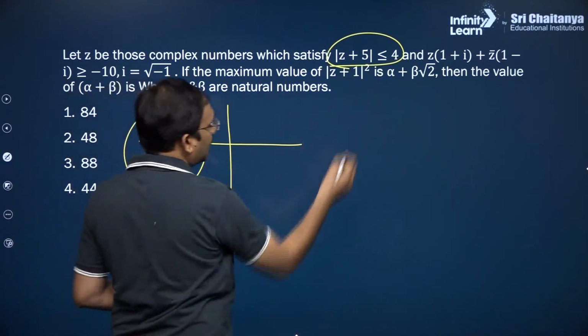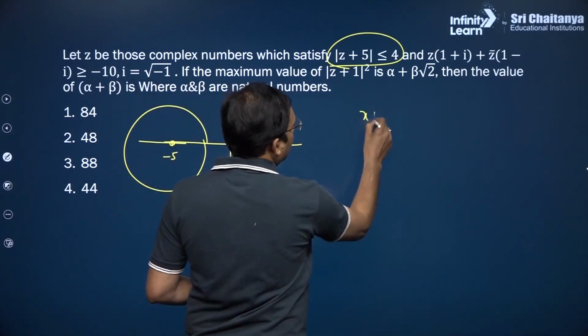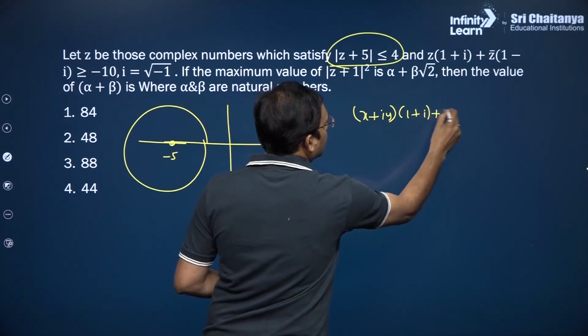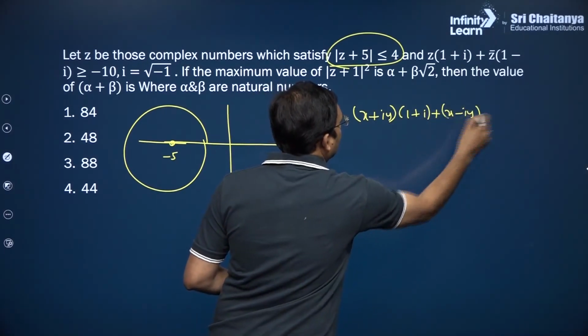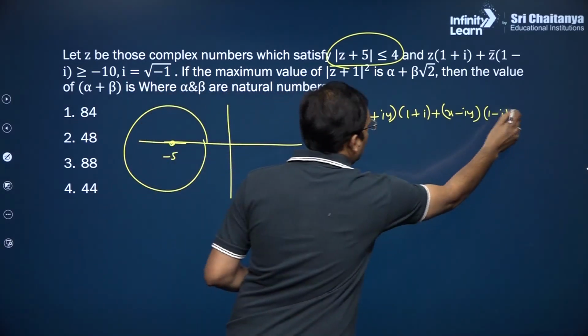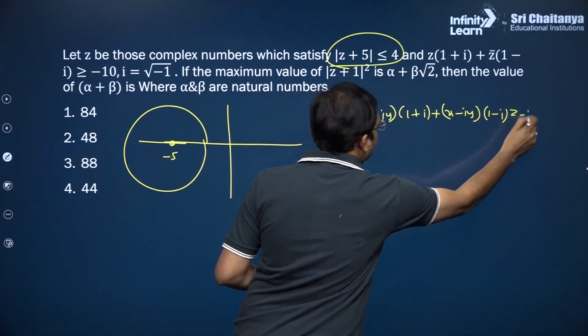And this second condition is, z you take x plus iy, into 1 plus i, plus x minus iy into 1 minus i, is greater than or equal to minus 10.